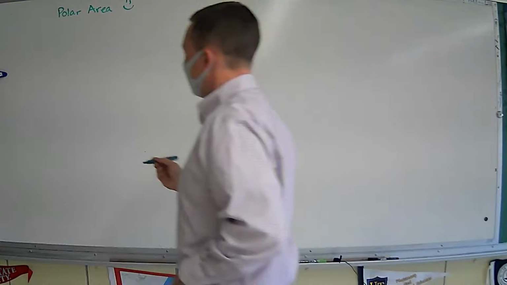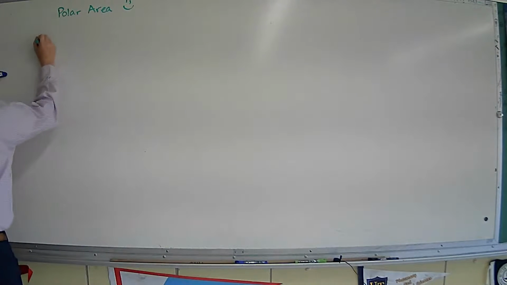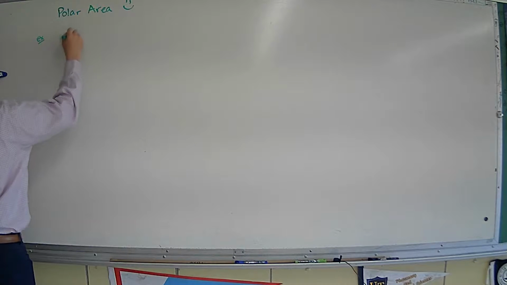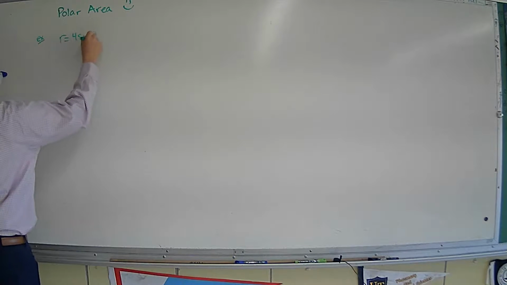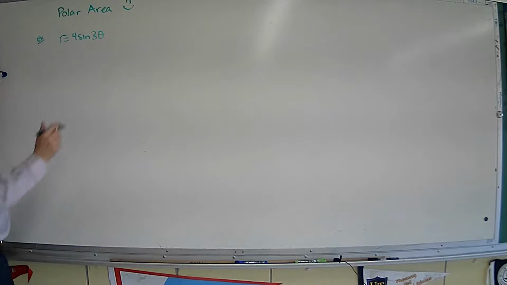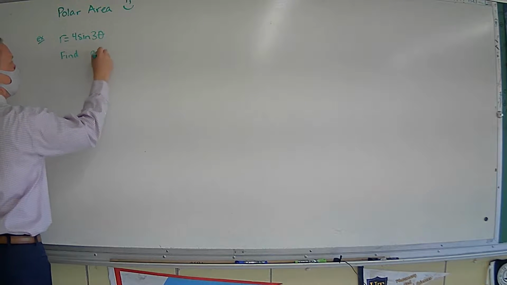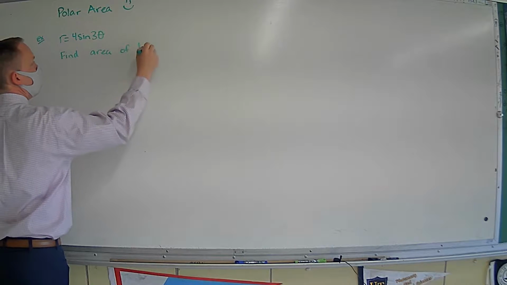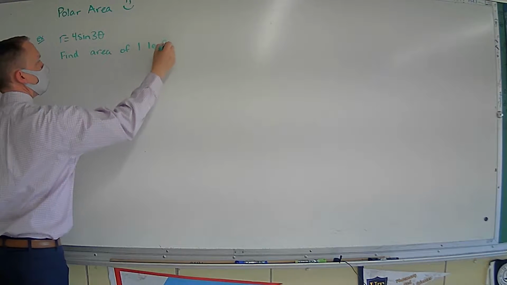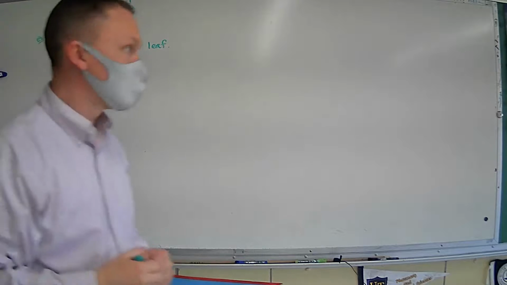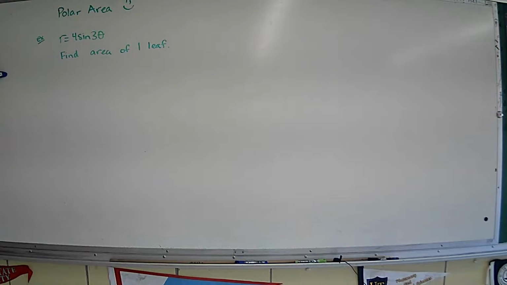So, example number 1, r equals 4 sine of 3 theta. Find the area of one leaf, or one petal. So you're probably going to want your Desmos.